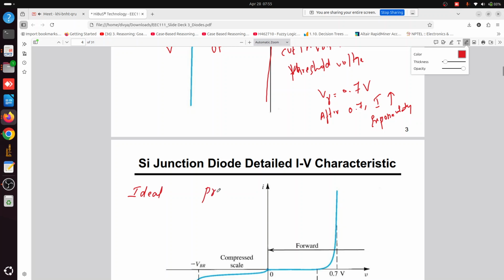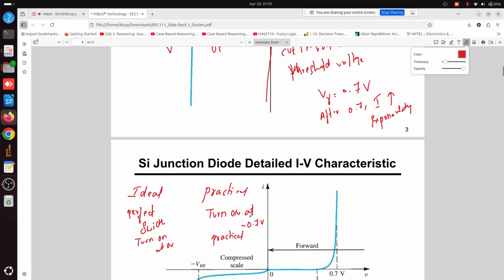The ideal diode is going to act like a perfect switch, on and off. But the practical silicon diode will turn on only after 0.7 volts. The ideal one turns on at 0 volts itself. So this is a practical device, not an ideal switch.